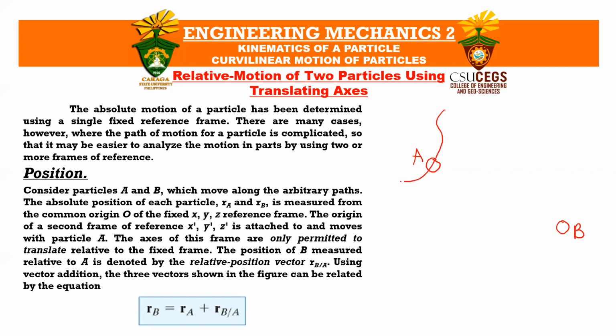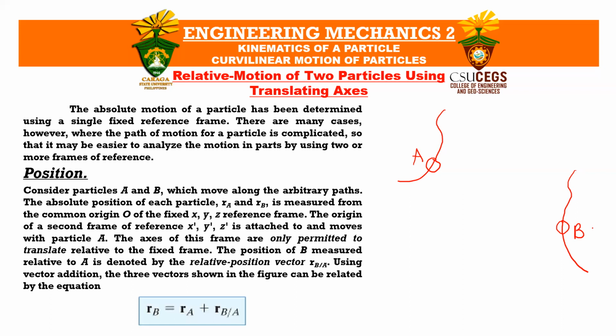Say this is the path for particle A, and this is the path for particle B. The absolute position of each particle, represented by vectors rA and rB, is measured from the common origin O of the fixed XYZ reference frame.